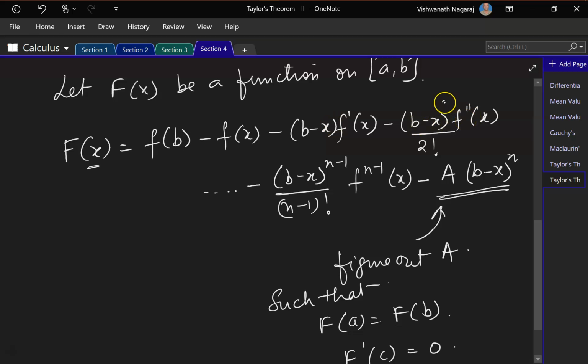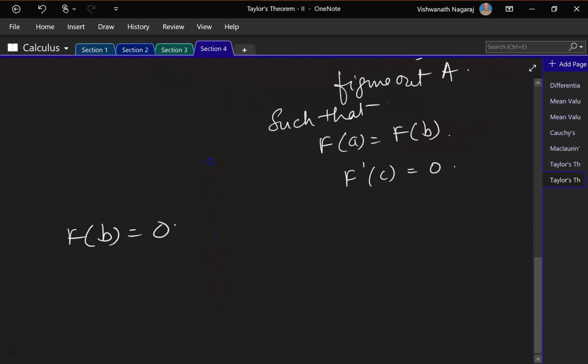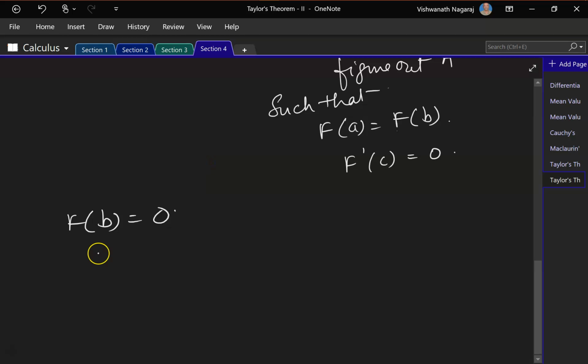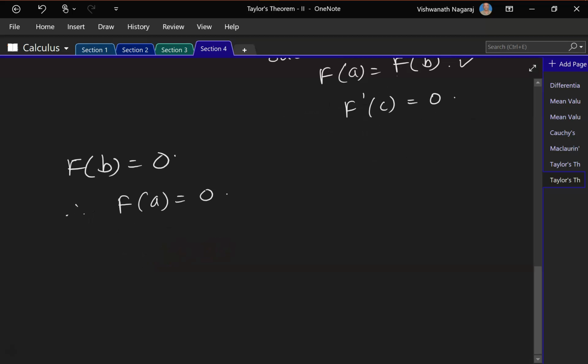By the way, this should be squared. Right? So all the terms will disappear. So you will be left with 0. Since F of b is 0 and we want this condition to be satisfied, therefore F of a is equal to 0. Right? So now Rolle's theorem is satisfied.